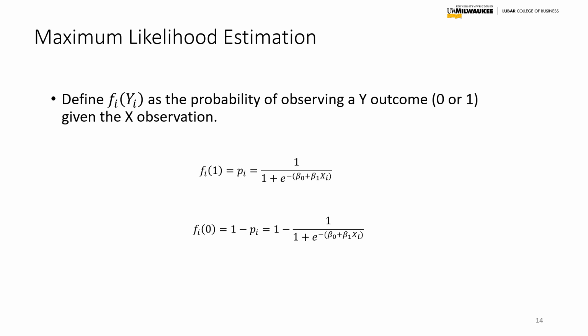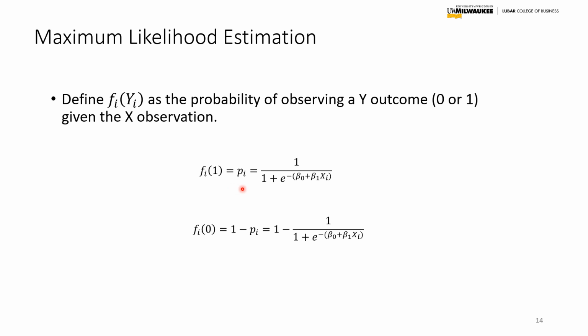Now, how do we estimate beta 0 and beta 1? We use a paradigm called maximum likelihood estimation, which is going beyond the scope of this course. I'm just going to give you exposure and awareness of the idea. I'm not going to test you on it, but let me just walk you through a few slides. Let me define pi1 as the probability of observing y equaling 1, given the x information.